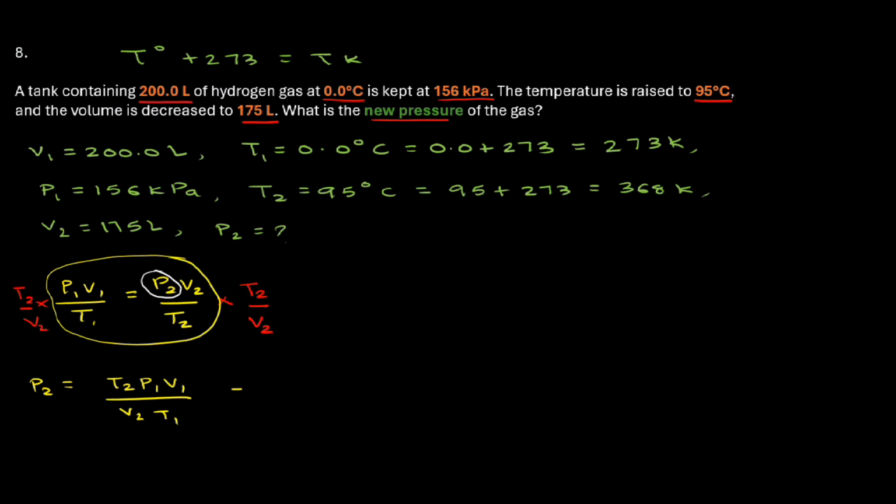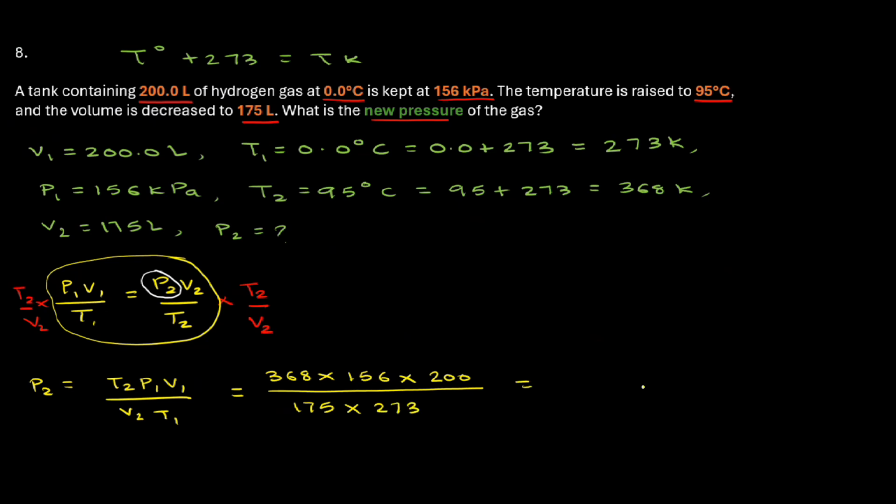So now let's solve. I have temperature T2 as 368 Kelvin, pressure P1 as 156 kilopascal, volume V1 as 200 liter, divide by volume V2, which is 175 liter, and temperature T1, which is 273 Kelvin.